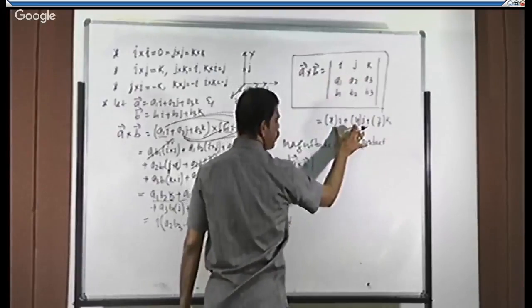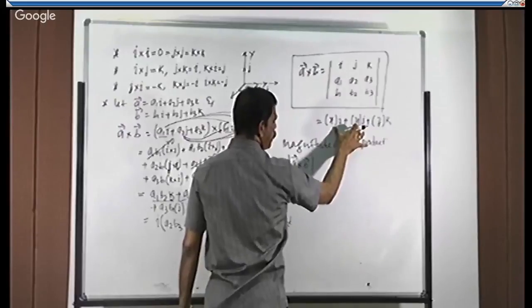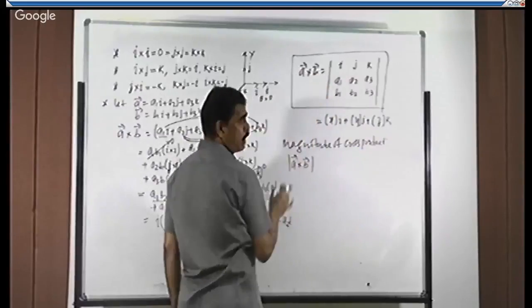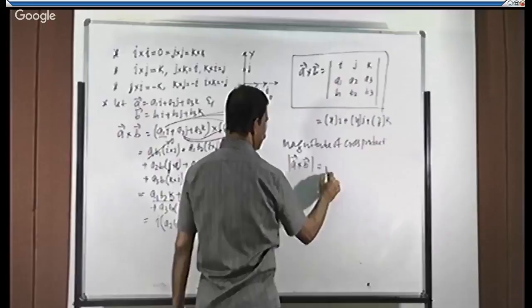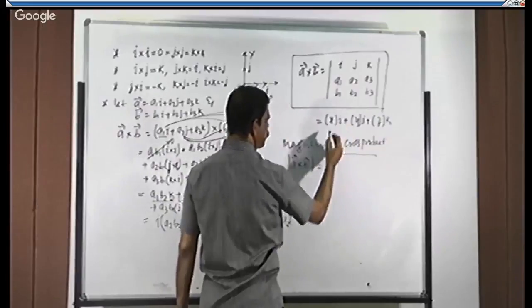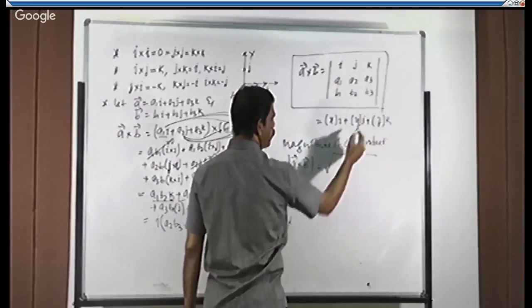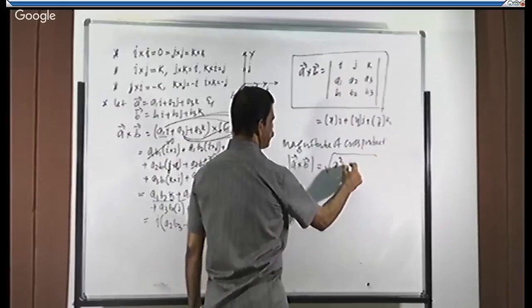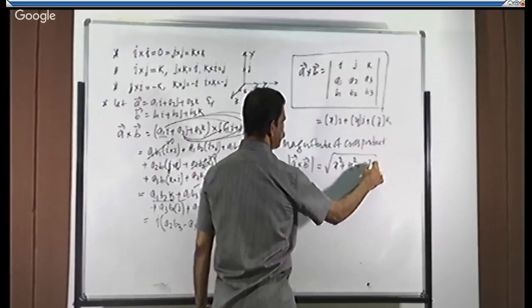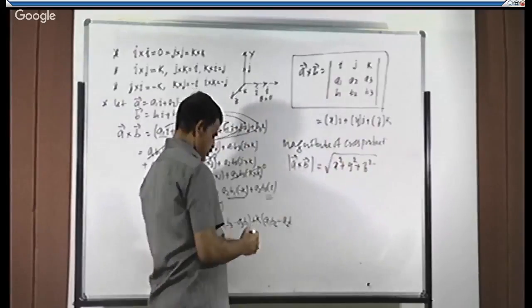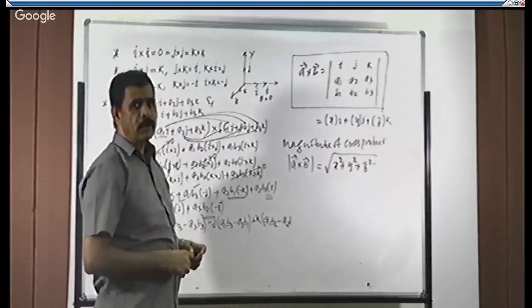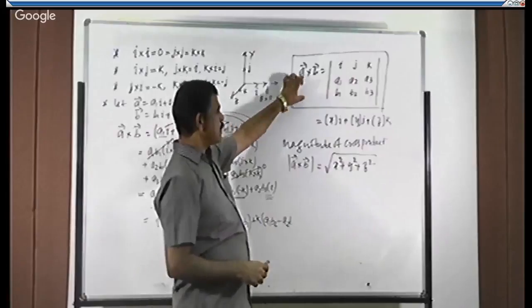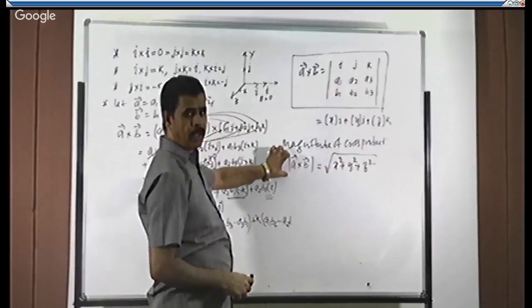Assume that this will be the end answer of the cross product of A and B. So to get the magnitude, as we know, the coefficients of I, J, K should be squared and added: X square plus Y square plus Z square. This is the way in which we can find out A cross B as well as the magnitude of A cross B.